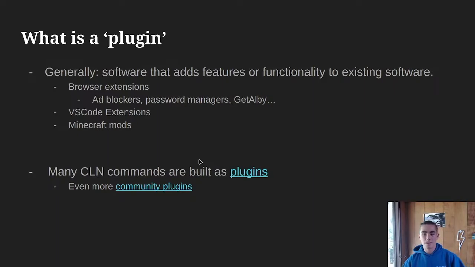So what even is a plugin? In general, a plugin is just some sort of software that adds features or functionality to already existing software. So in this case, we are adding functionality to our Lightning node, but some examples could be browser extensions.